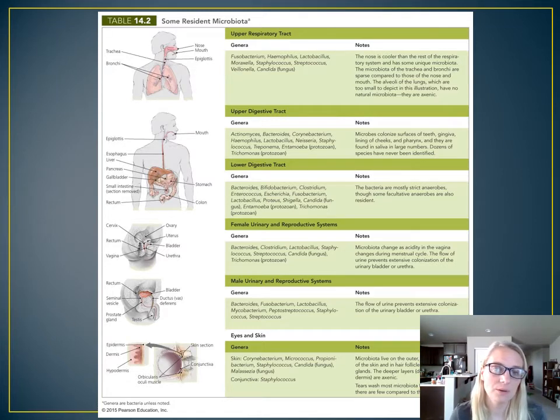Now, with these microbes that are living on our surfaces and inside of our bodies, sometimes they can actually cause some problems. This is what we call opportunistic infections. In the notes here, there are 3 ways where normal microbiota can become opportunistic infections. They can become pathogenic, even though in normal situations they aren't.